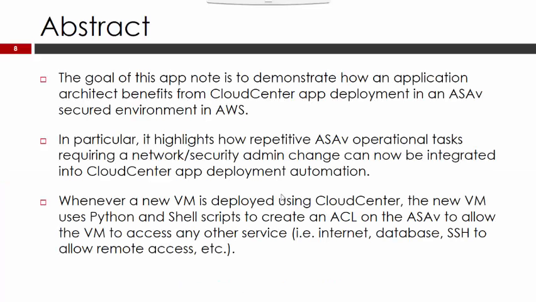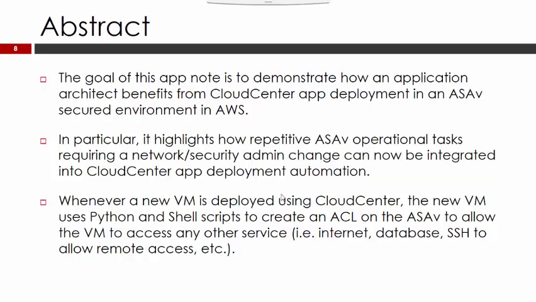So the goal of this Appnote is to demonstrate how an application architect benefits from CloudCenter app deployment in a virtual ASA secured environment in AWS. In particular, it highlights how repetitive virtual ASA operational tasks requiring a network security admin change can now be integrated into CloudCenter app deployment automation.